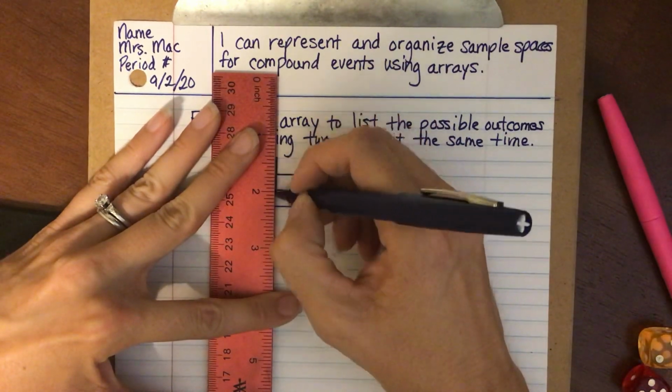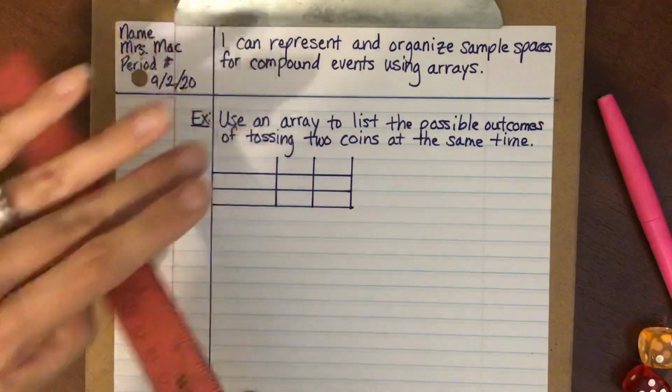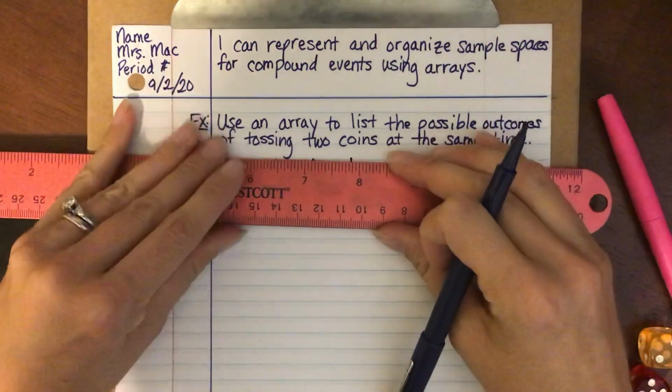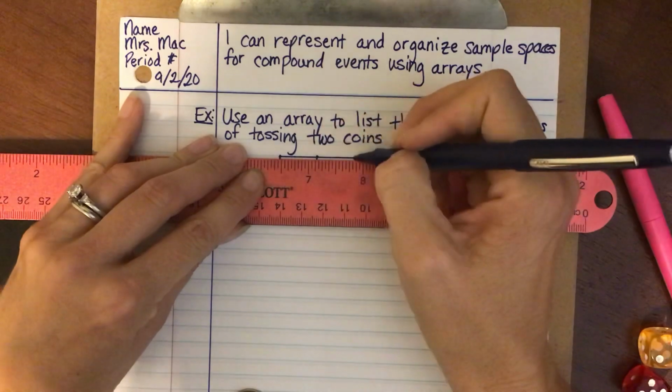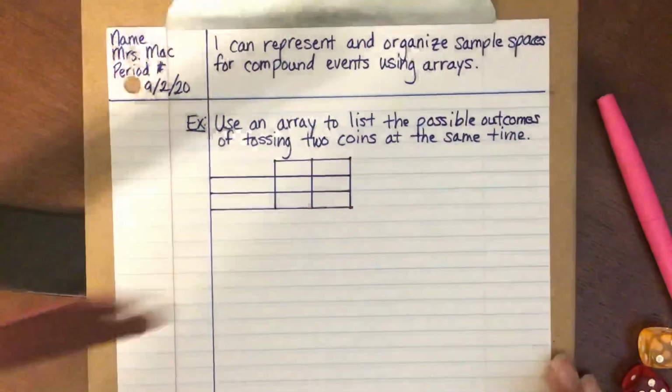And anytime during this video, if you feel like you're getting behind on note taking, no big deal, just pause it and catch up. That's the beauty of having a recorded lesson, right?